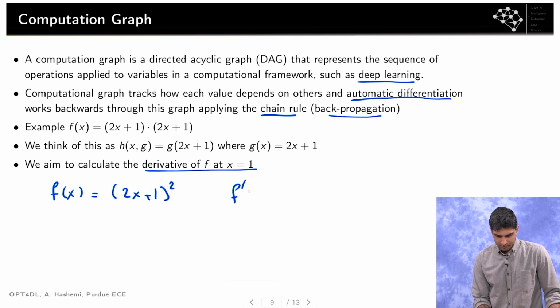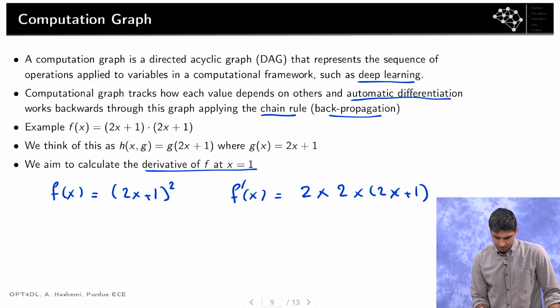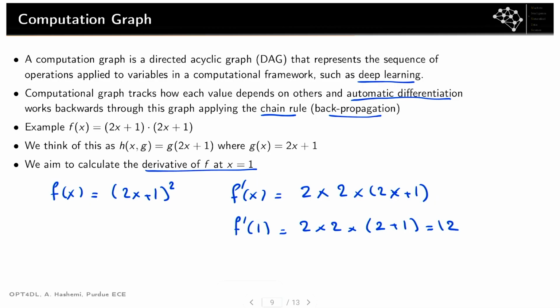Therefore, its derivative is basically 2 times 2 times 2x plus 1, such that f prime at 1 is 2 times 2 times 2 plus 1, which is 12. Okay. So we're going to see how we can reach the same answer using a computation graph and basically the chain rule. In this case, the backpropagation algorithm.